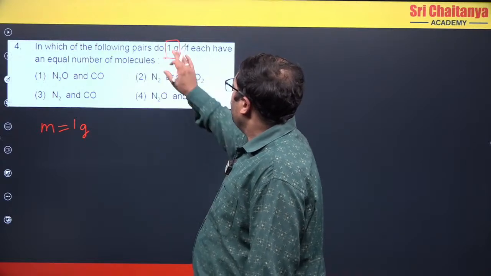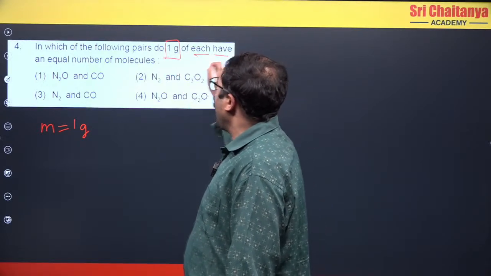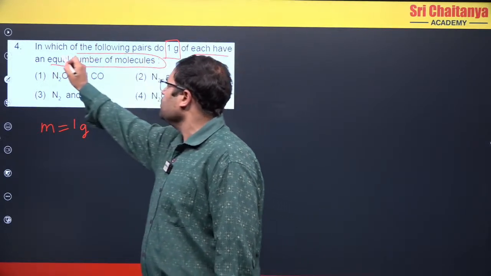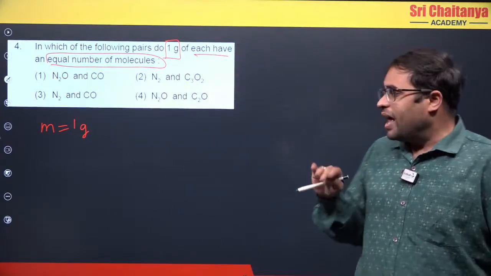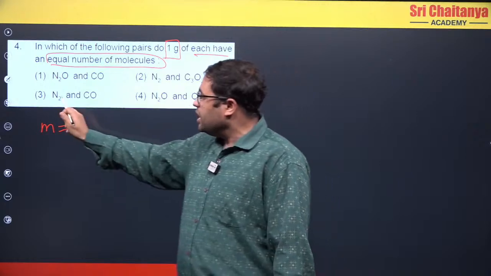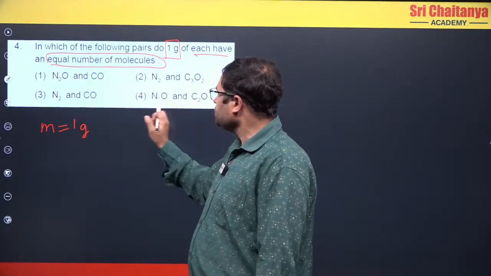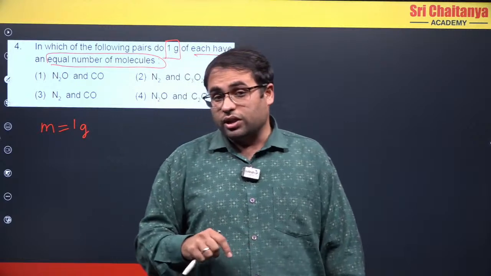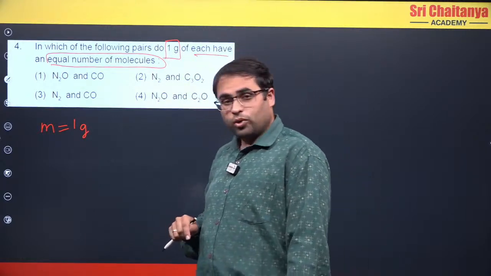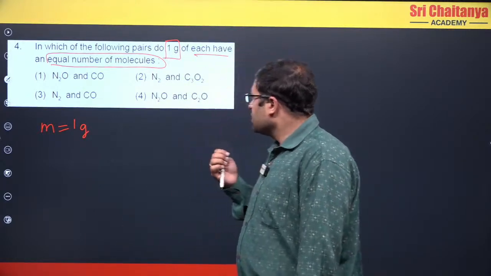Now, 1 gram of each have an equal number of molecules. What they're basically saying is that you calculate the number of molecules in each of these, and then see where the number of molecules comes out the same.